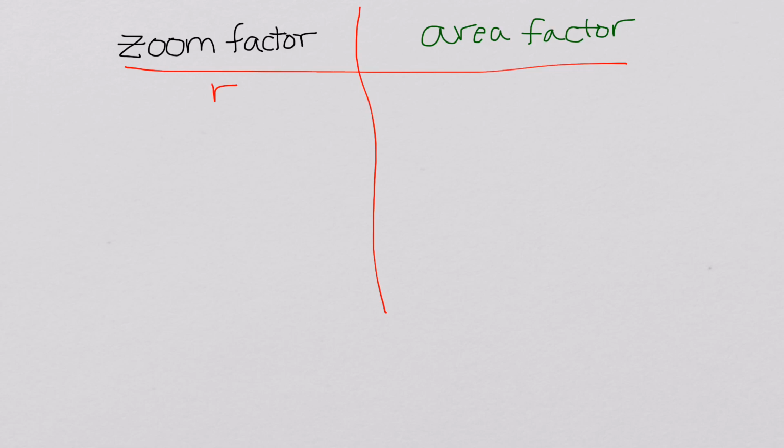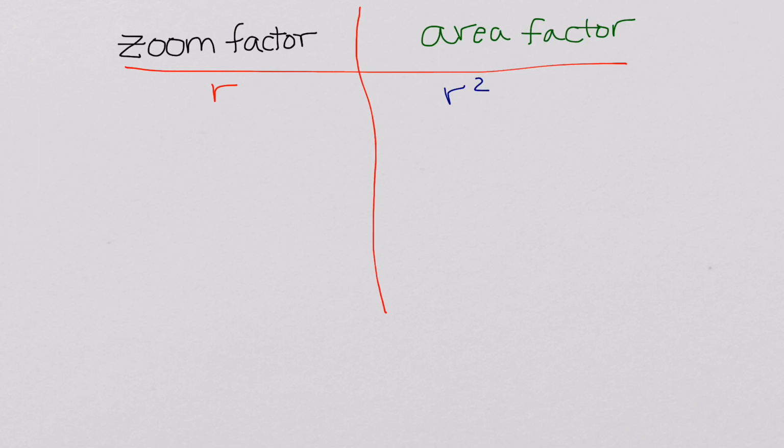So, for example, if you said that the zoom factor was 5, R equals 5. Zoom factor is 10, R equals 10. The area factor, on the other hand, is going to be related with R squared. So, you have R for the zoom factor, you have R squared for the area factor.